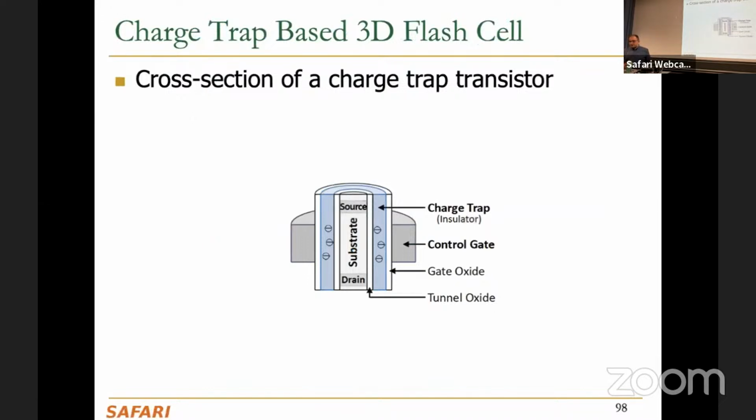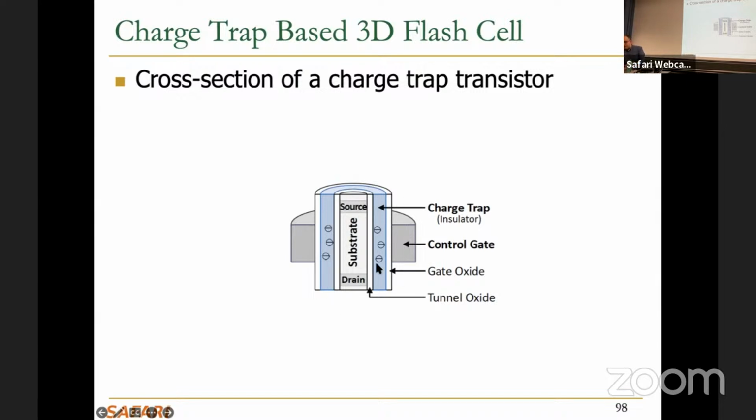And this is a cross section of a charge trap transistor. It's a design where you have this control gate, which is wrapped around this flash cell, and you have this gate oxide, and this part is a charge trap, which is like the insulator.